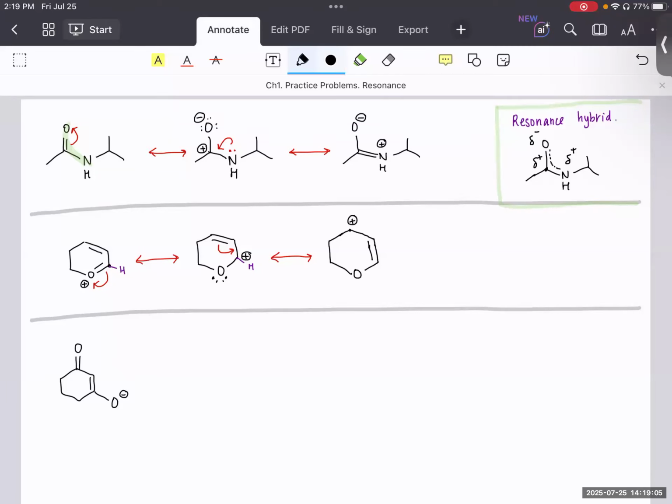And again, a really key part to this is that we cannot keep going. This carbon right here and this carbon right here that I highlighted in green both have four bonds, four sigma bonds already, and so they cannot participate in resonance.